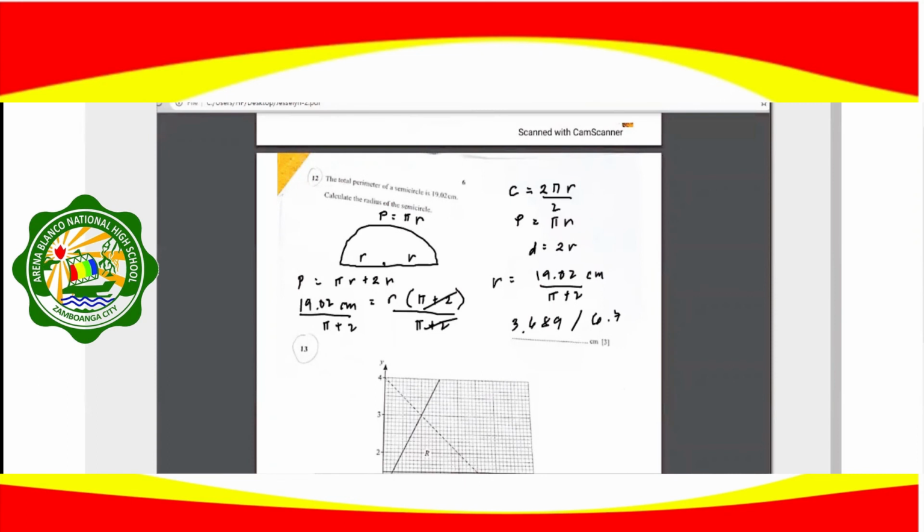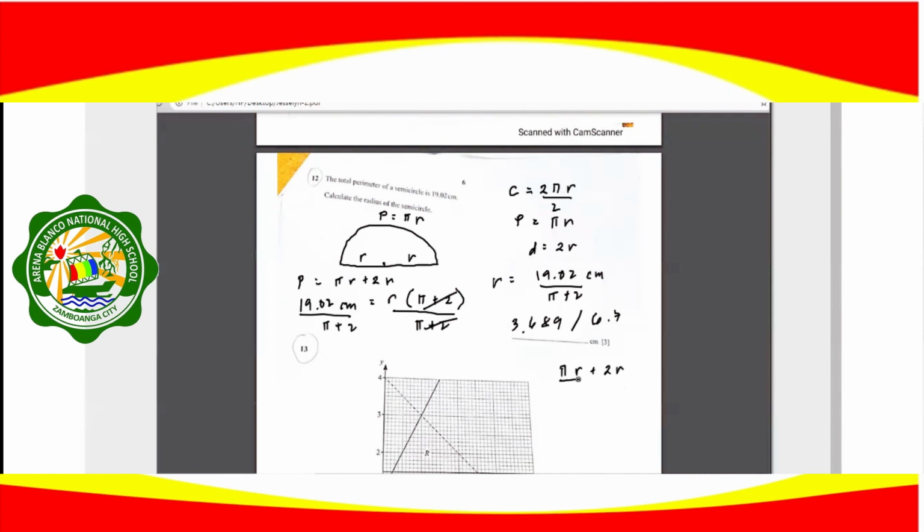Sir, why is it pi plus 2? No, pi plus 2, because here we factor out r. So first term we have r, for the second term we have 2r, right? Yes. So if we factor that out, I'll place it here. Pi r plus 2r.